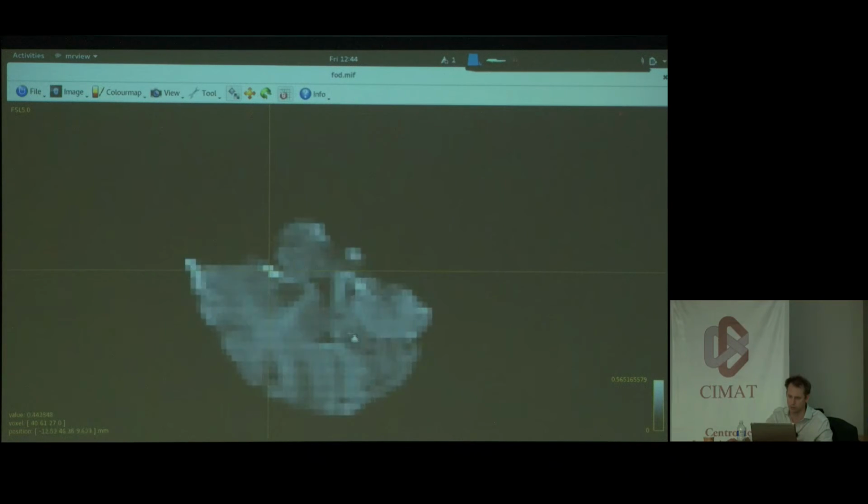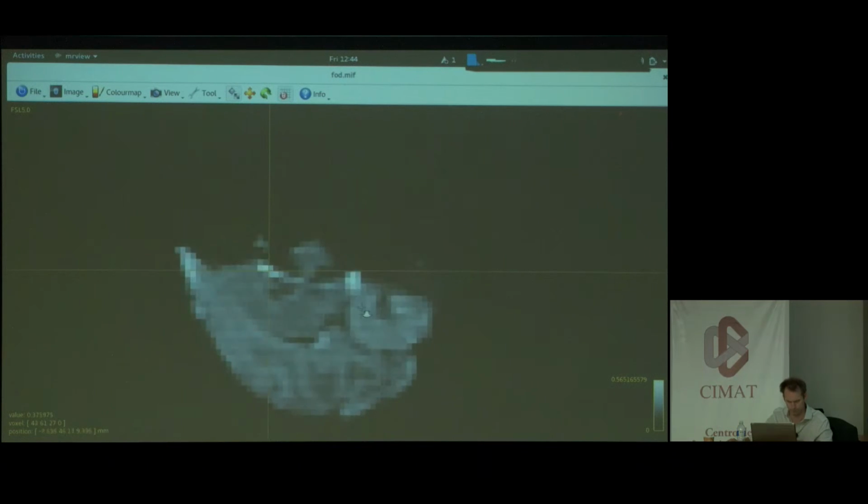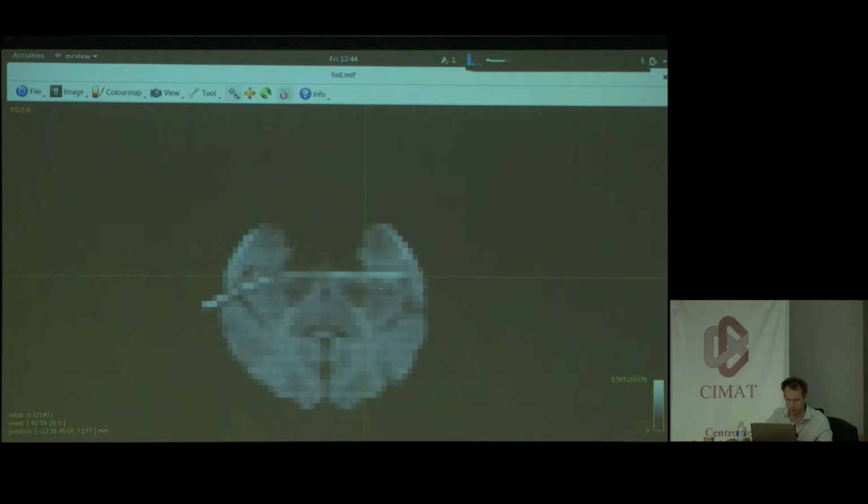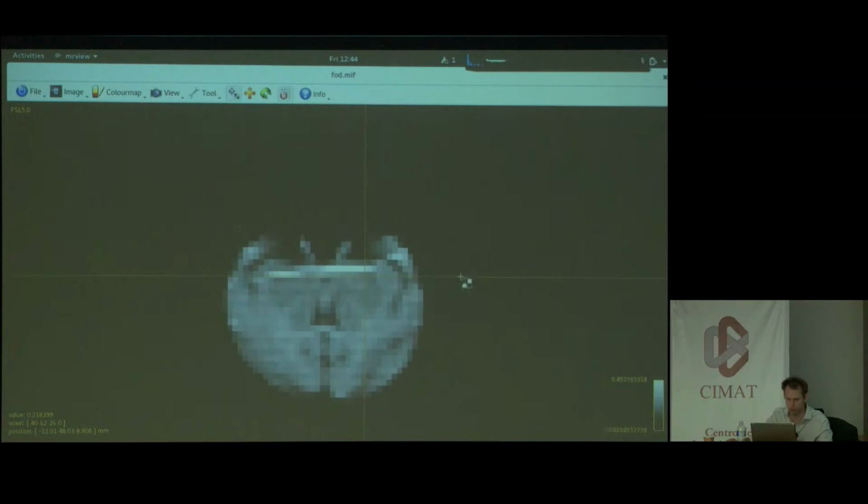Oh, that's just, okay. So you've got a fat artifact here. So you might want to look at your fat settings.